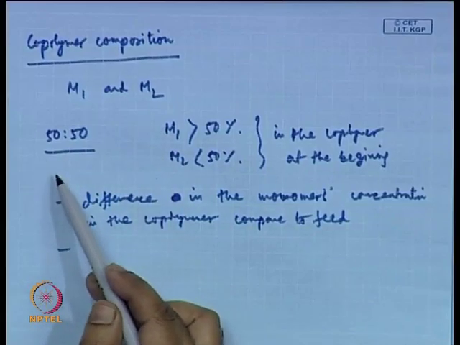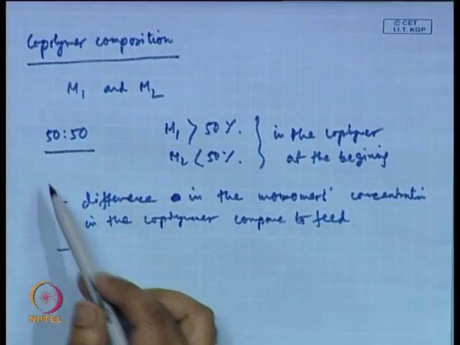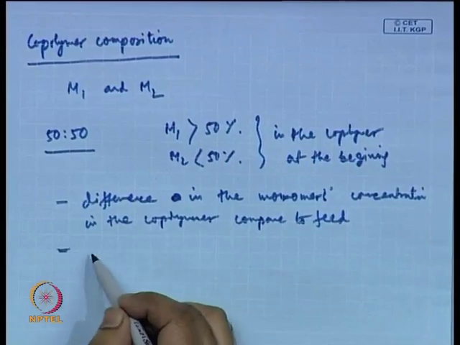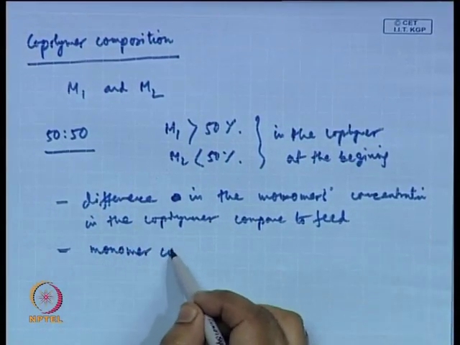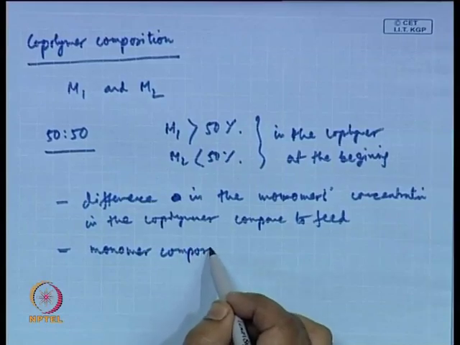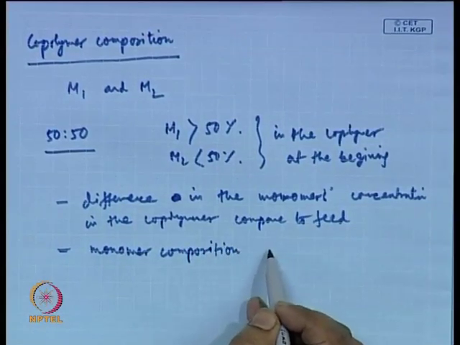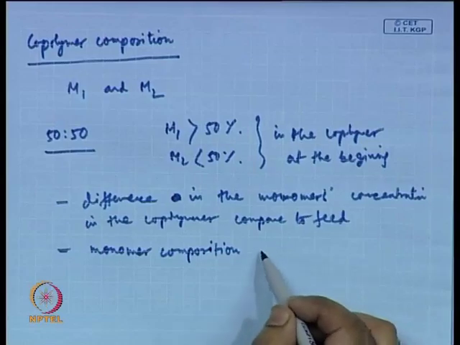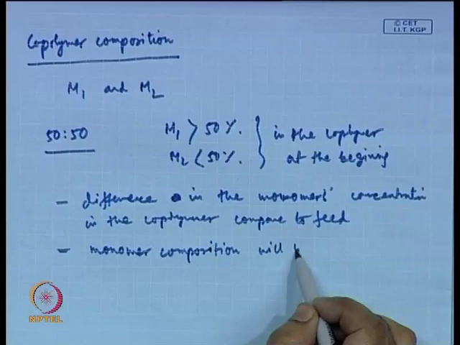So, the free monomer concentration of M1 will be lower than at the beginning. As a result, the monomer composition in the reaction medium will be different than the beginning.